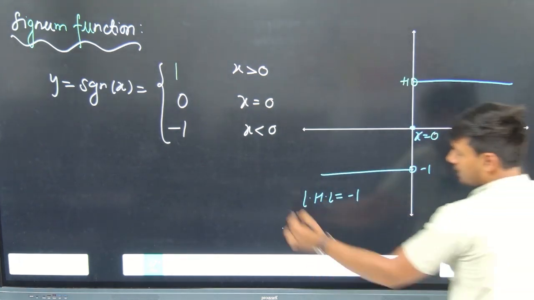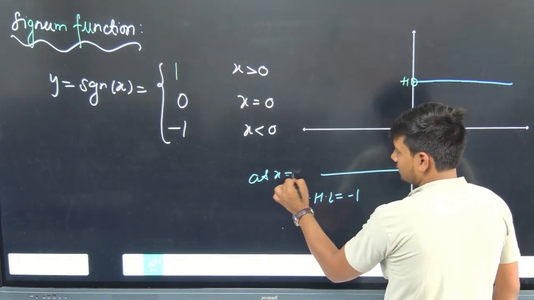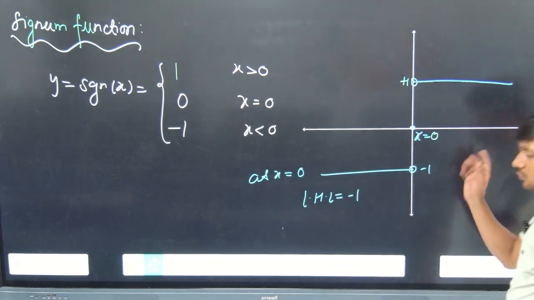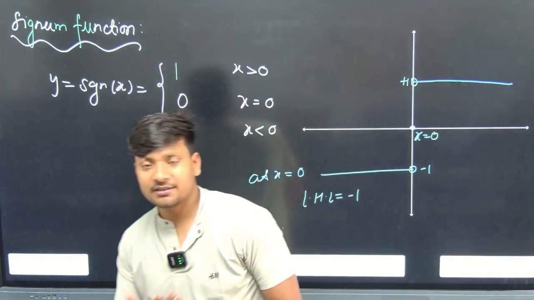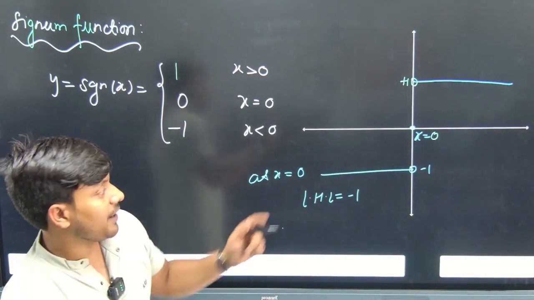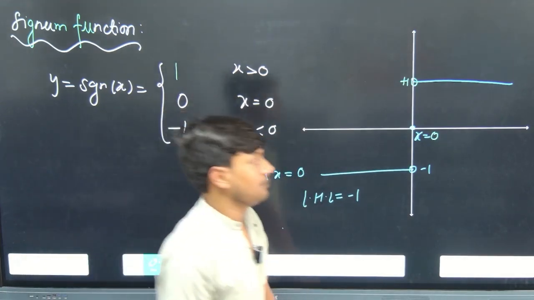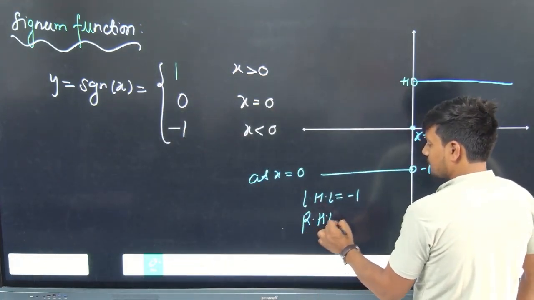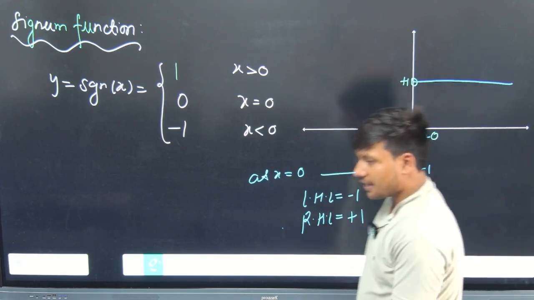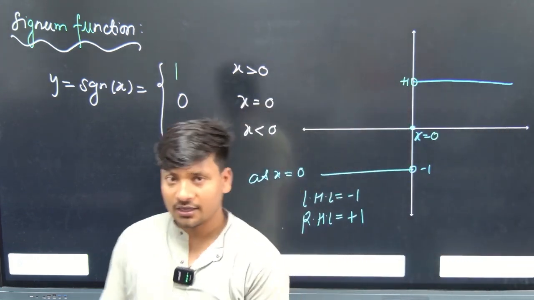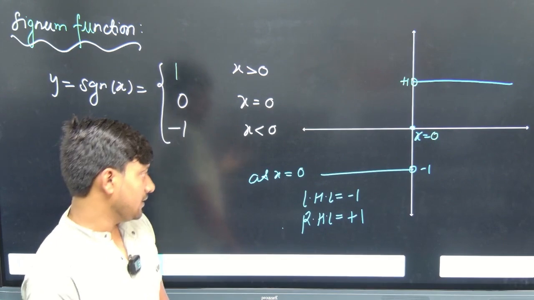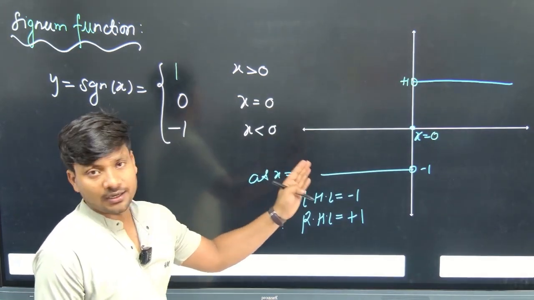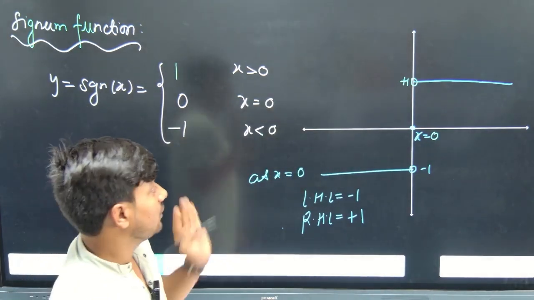Okay, we are talking about at x equal to 0. And if we are approaching x equal to 0 from right, then you can see that we are reaching a point where y equals 1. The value of function is 1. So RHL is plus 1, and as LHL and RHL are not equal, you can say that this function is not continuous at x equal to 0.